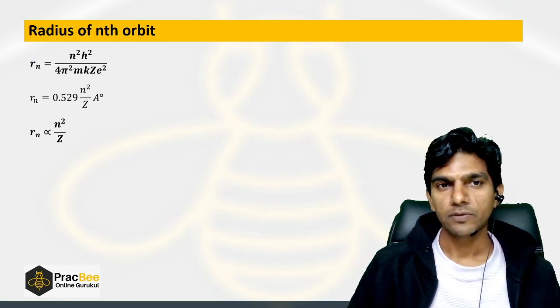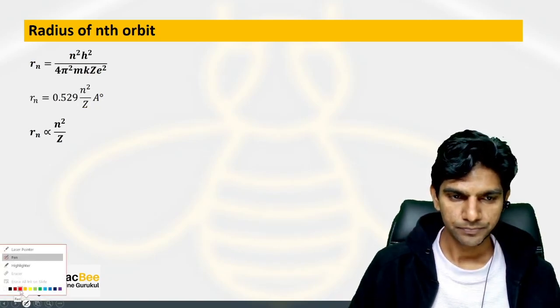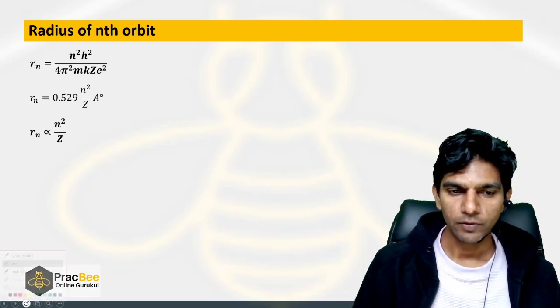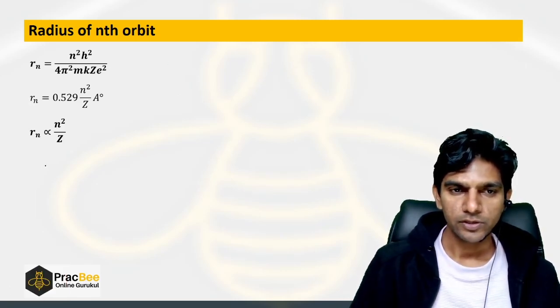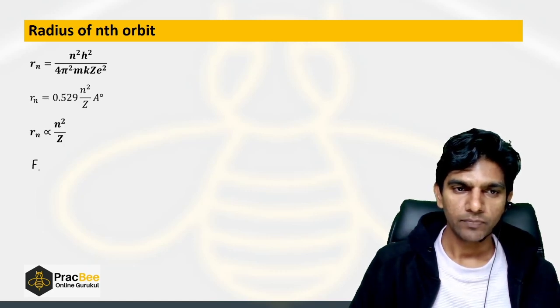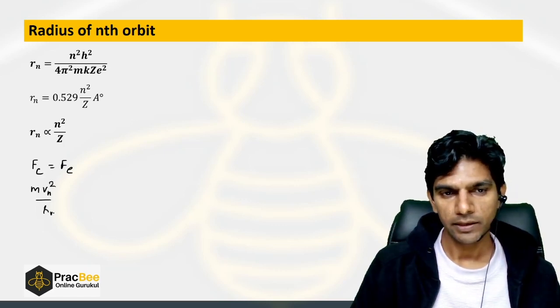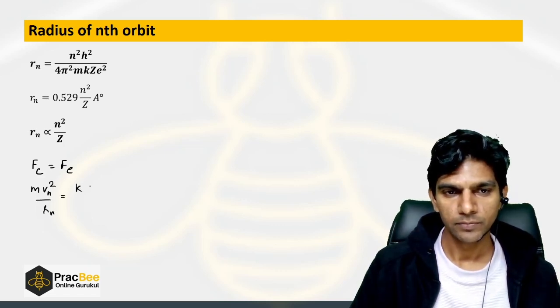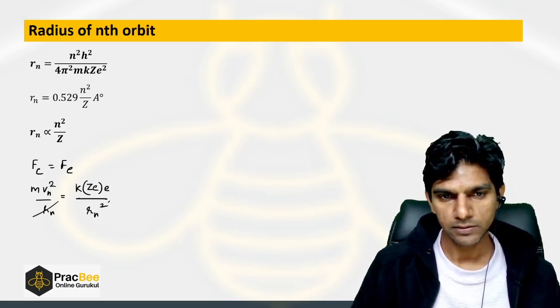Now let us derive the radius of the nth orbit. We are going to use the first two postulates. According to the first postulate, Fc is equal to Fe. So we can say m vn square upon rn will be equal to k times Ze times e divided by rn square. So one rn will get cancelled out.